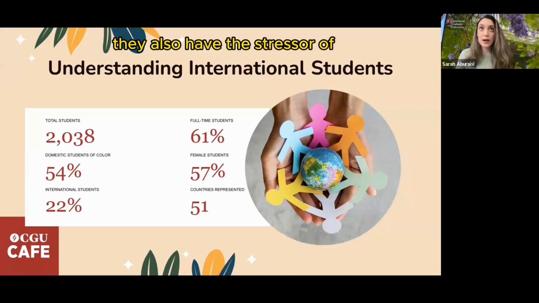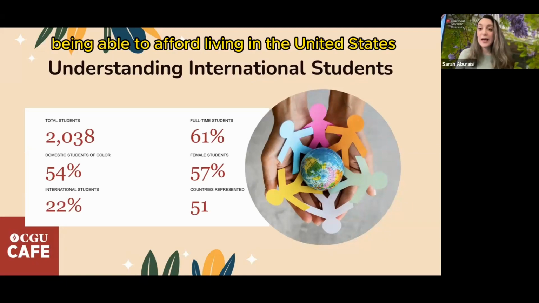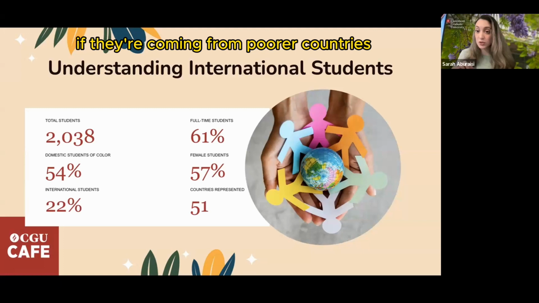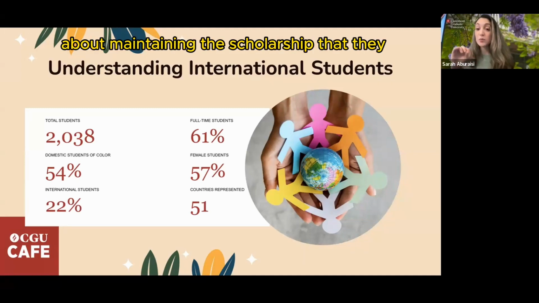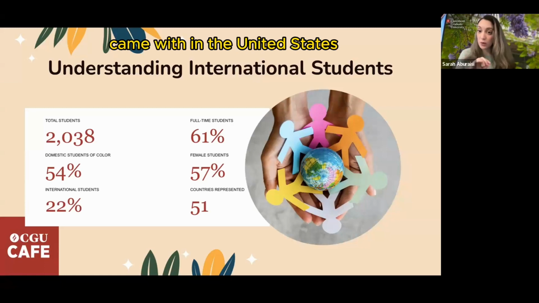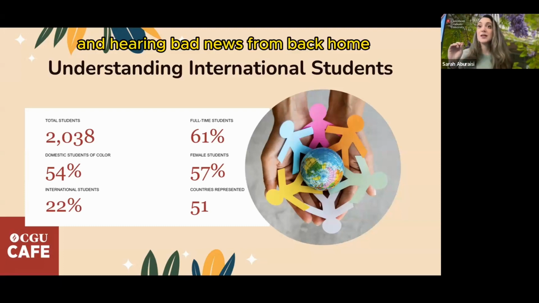They also have the stressor of being able to afford living in the United States if they're coming from poorer countries. They also have stressors about maintaining the scholarship they came with, as well as hearing bad news from back home.